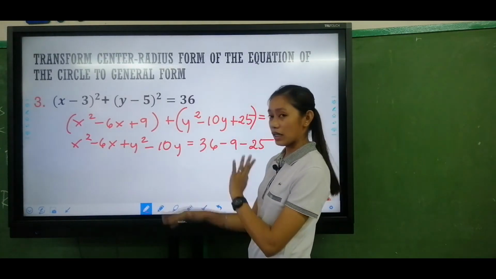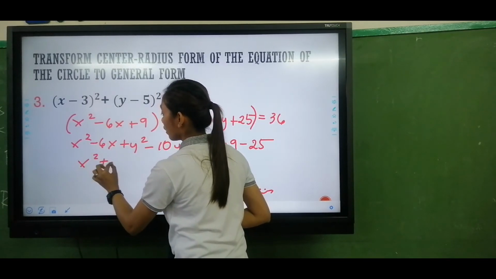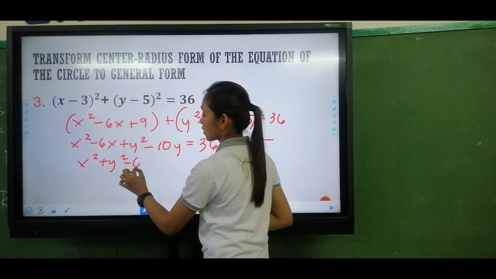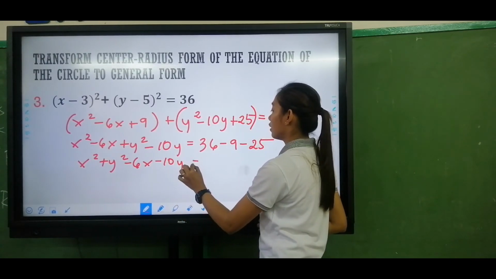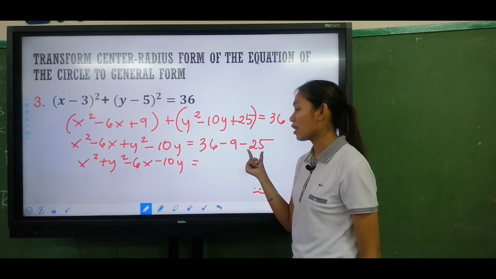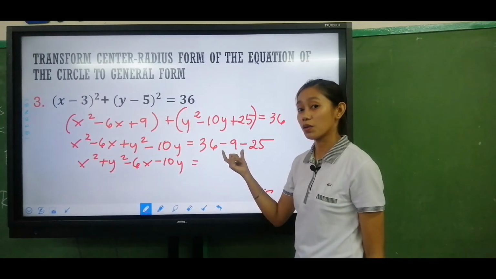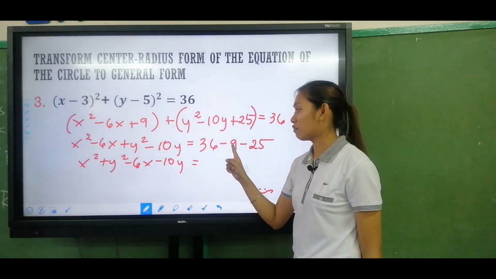So next, arrange na natin and then simplify. So x squared plus y squared minus 6x minus 10y is equal to, so negative 9 minus 25, parehas silang sign, so magiging plus, then copy the sign. 25 plus 9, 34.